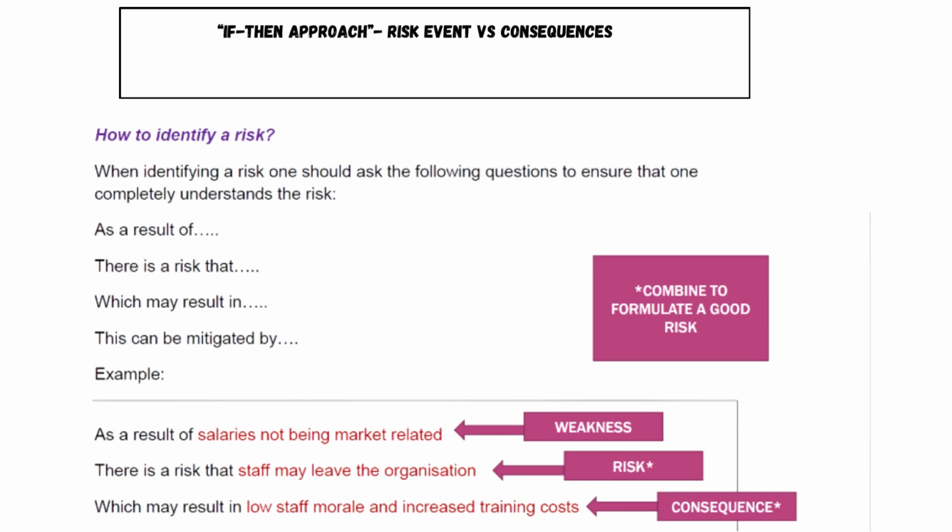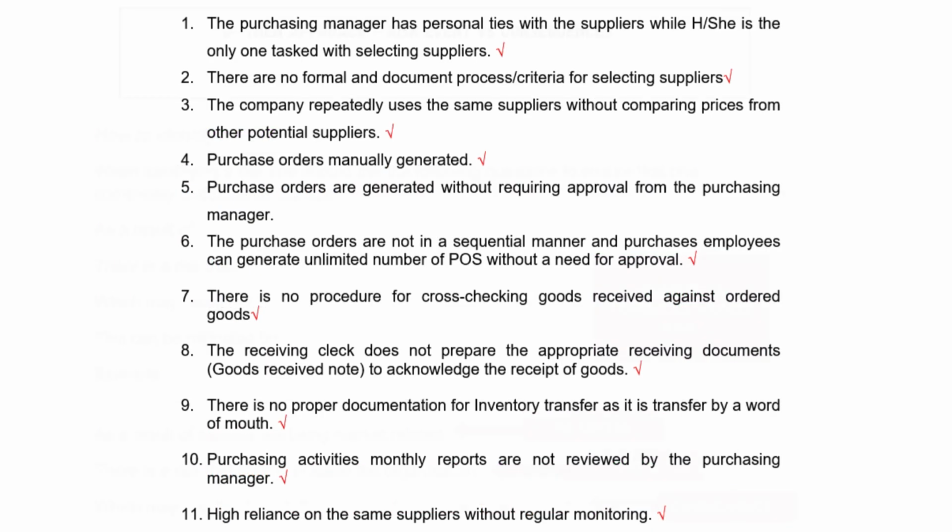That means for each risk that you identify, you need to be able to state what will be the consequences of such a risk, what will be the results or the end goal of such a risk within the organization. Using the weaknesses that we just identified, we can say what could go wrong within the organization, what could go wrong in their processes.